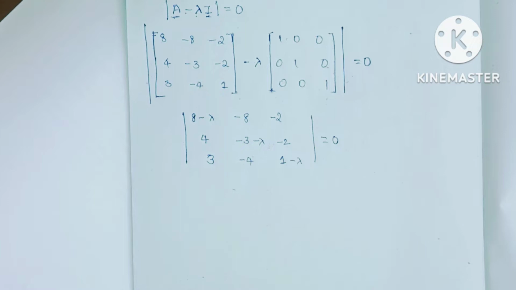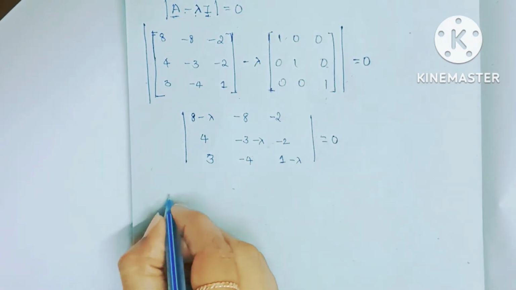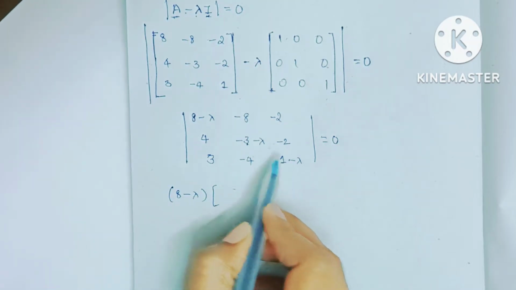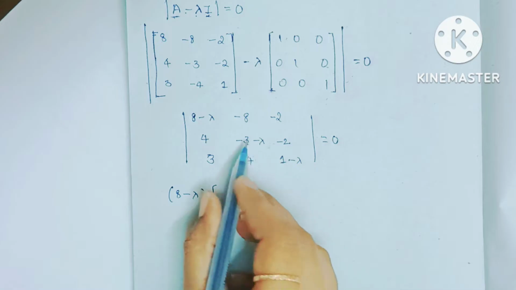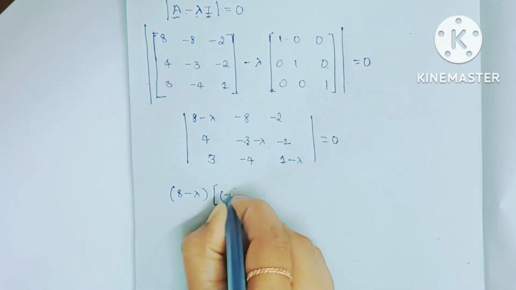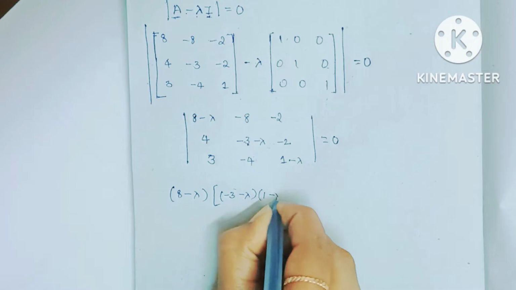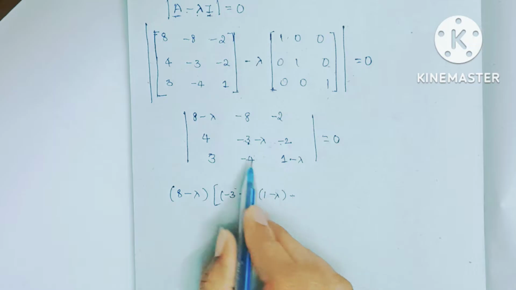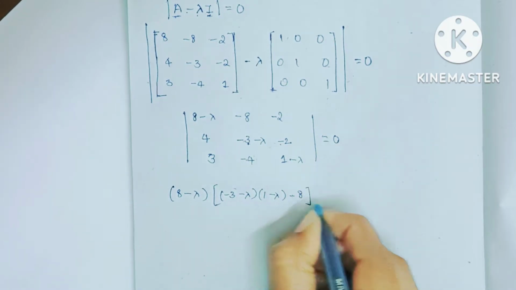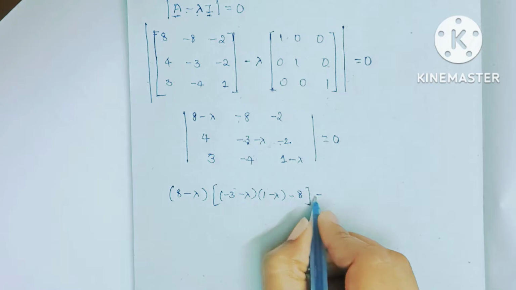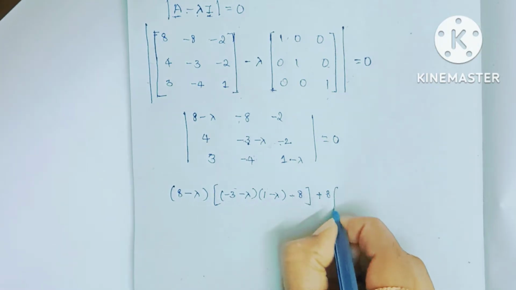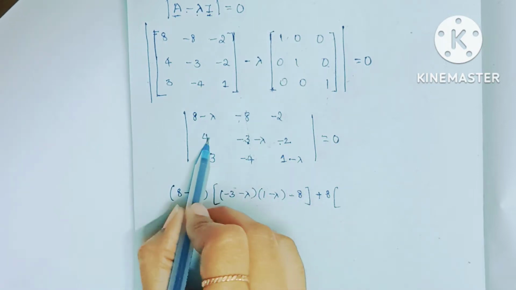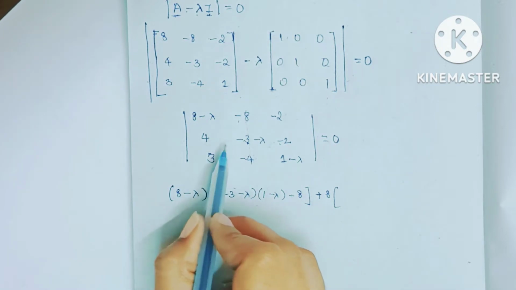Okay, so first for the determinant, here 8 minus lambda into, we have to multiply these two and subtract with these two. So minus 3 minus lambda into 1 minus lambda, minus, here minus into minus is plus, plus into minus is minus, so 4 into 8 we will get minus 8. So minus, here minus 8 is there, so minus into minus plus 8 into, we have to close this column and this row, so we have to multiply crisscross and subtract each other.